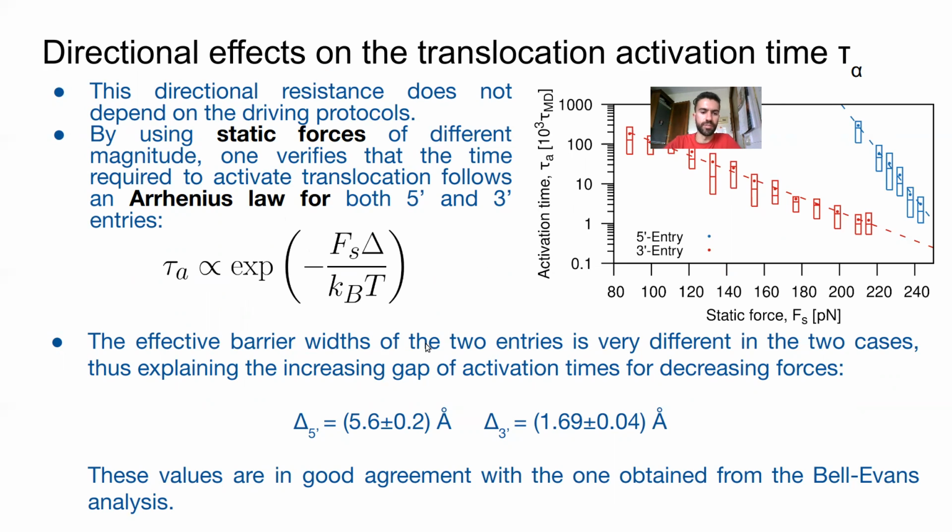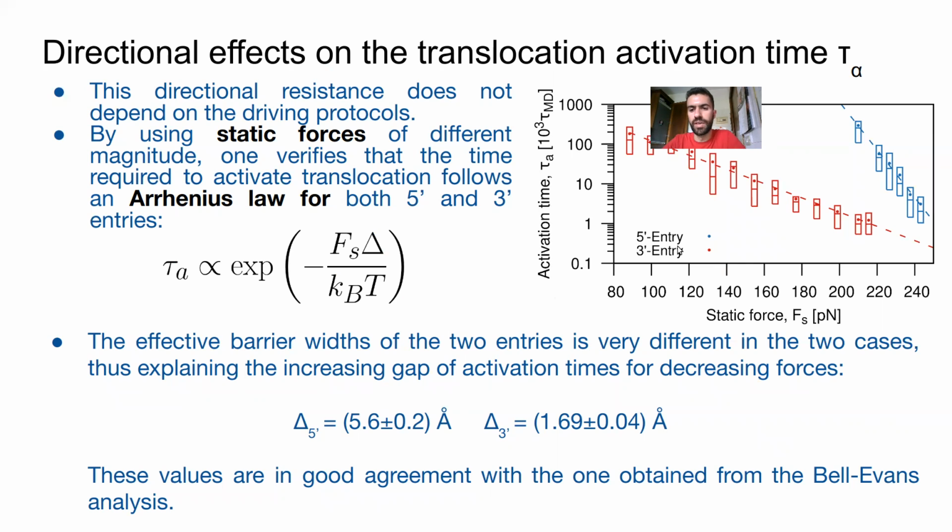And as you can see from the data down here, delta is larger for the 5' ends. And this means that the activation time grows more rapidly with decreasing force for the 5' ends than for the 3'. And this explains the huge difference that we see for the enzymatic processing.